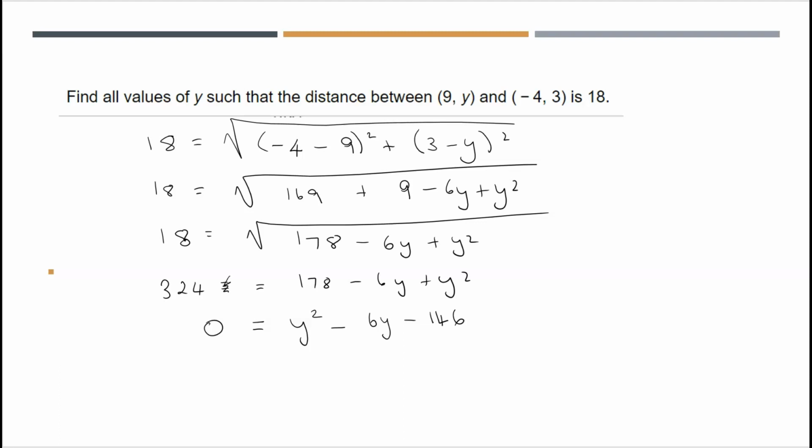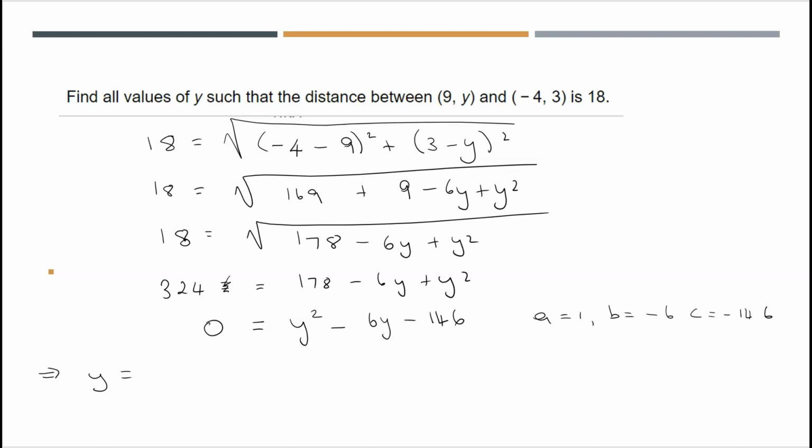Now just looking at that straight away, I can pretty much guarantee that that's not going to be factorizable, so I'm going to use the quadratic formula, where a is 1, b equals -6, and c equals -146.